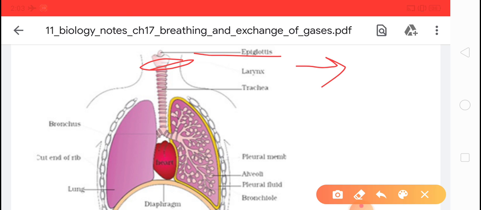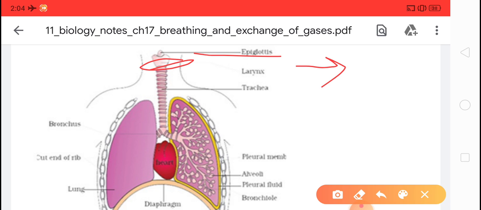If food goes there, then sound will not occur. So the role of the epiglottis is very important. Maybe asked in exam, what is the function of epiglottis? You can write the answer: epiglottis prevents entry of food into larynx.